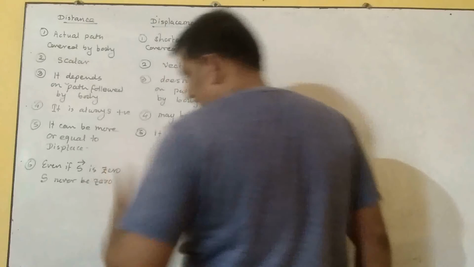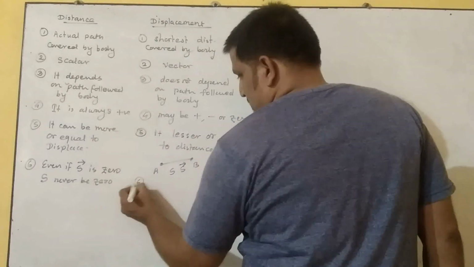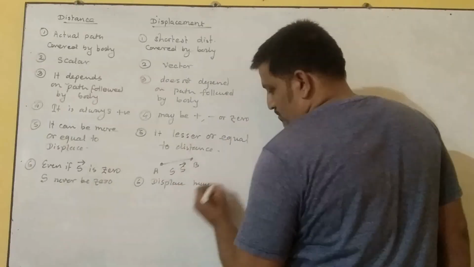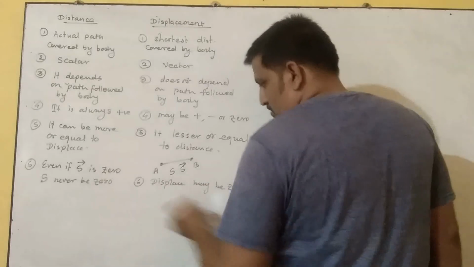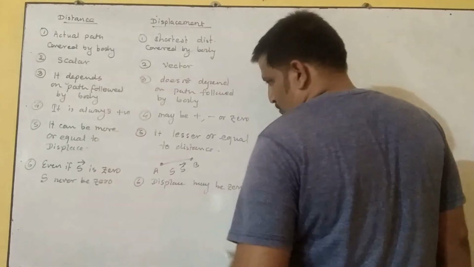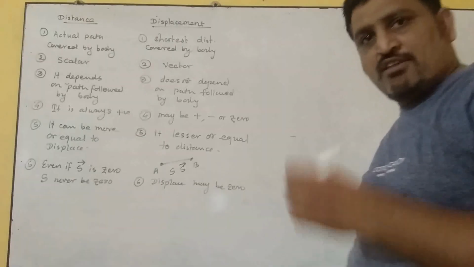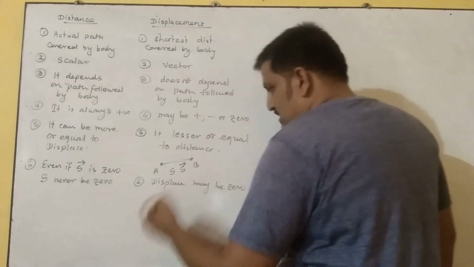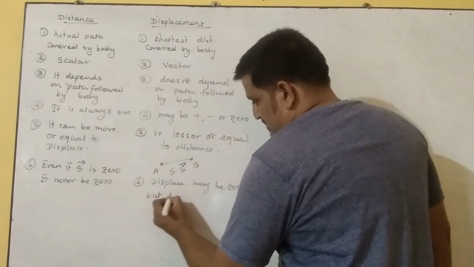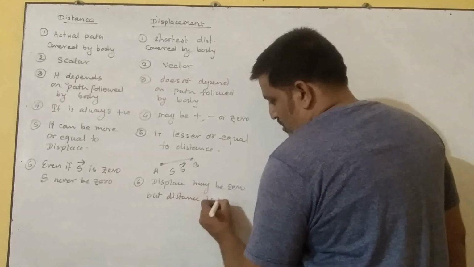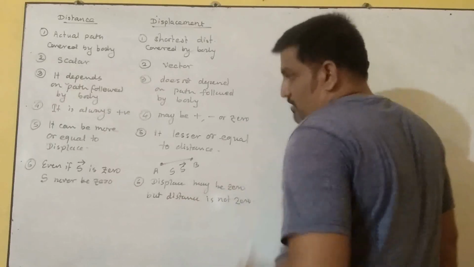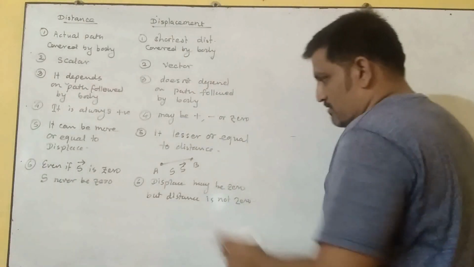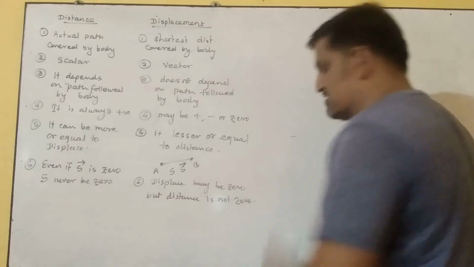But in this case displacement may be 0, because when the body reaches its original position again, we can say it is 0, but the distance is not 0. Even if displacement is 0, distance is never 0. Displacement may be 0, but distance is not 0.